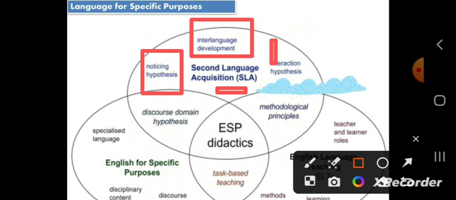Interaction hypothesis. Proposed by Michael Long, this theory posits that language is best acquired through interactive communication where learners negotiate meaning.